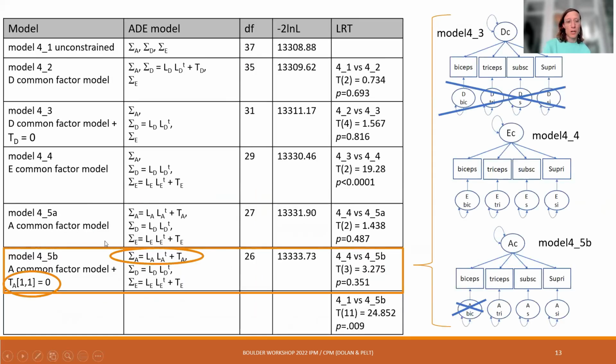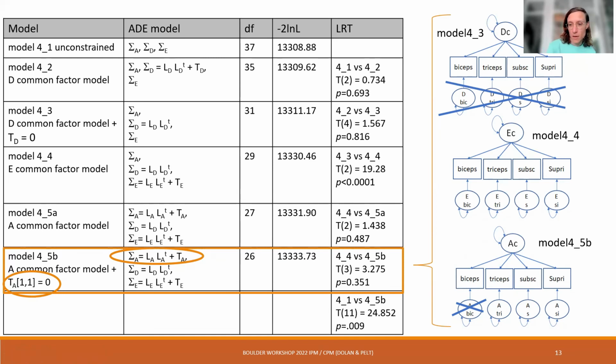This is what is shown here in this box. I apply the common factor model to sigma A, and on top of that, I fix the first diagonal element in the residual matrix to 0. When I compare this with model 4.4, we have a 3 degrees of freedom difference, and we see that the model still fits.